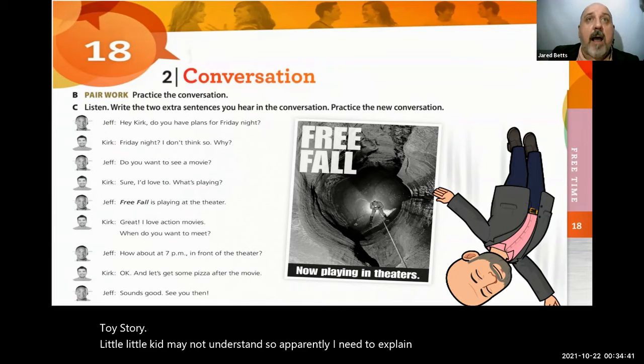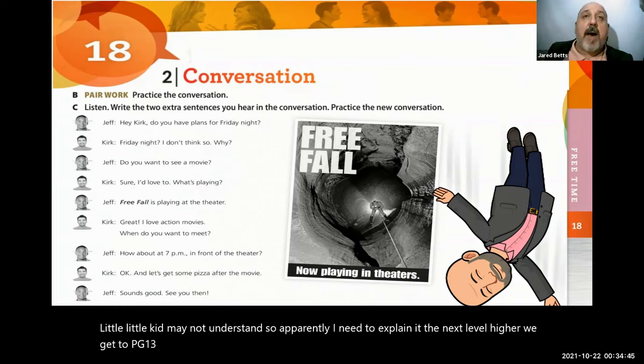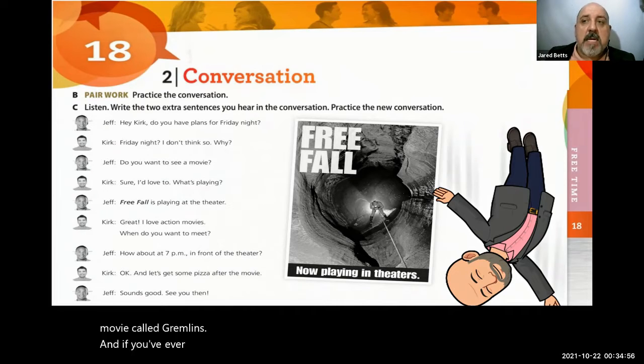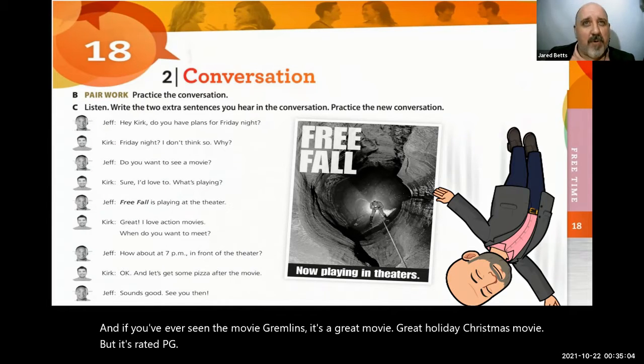The next level higher, we get to PG-13. Now, PG-13 came about because in the 1980s, Steven Spielberg created a movie called Gremlins. If you've ever seen the movie Gremlins, it's a great movie, great holiday Christmas movie. But it's rated PG and it's pretty violent.